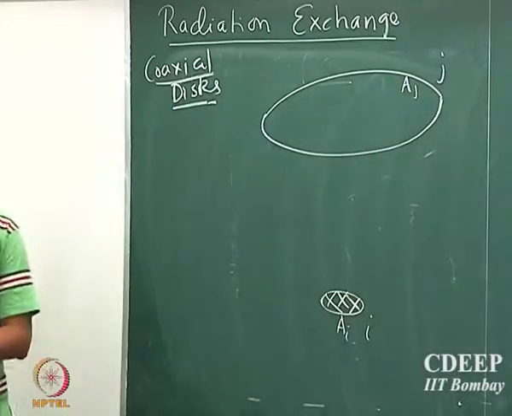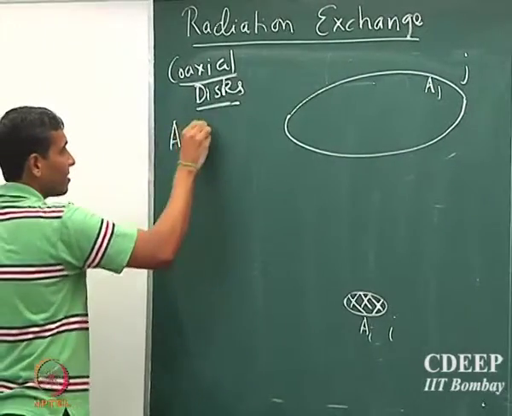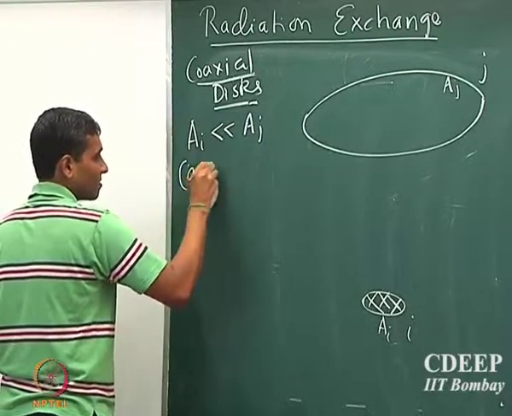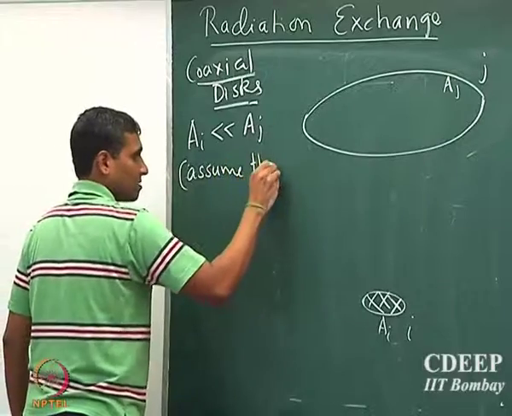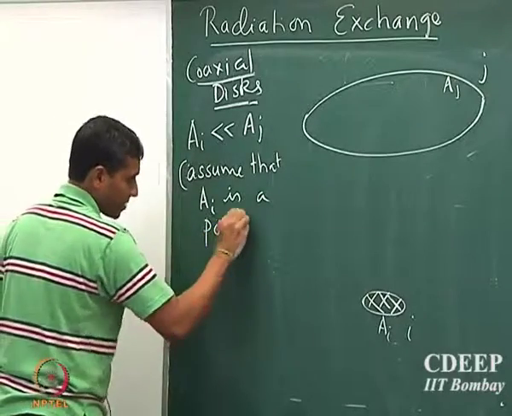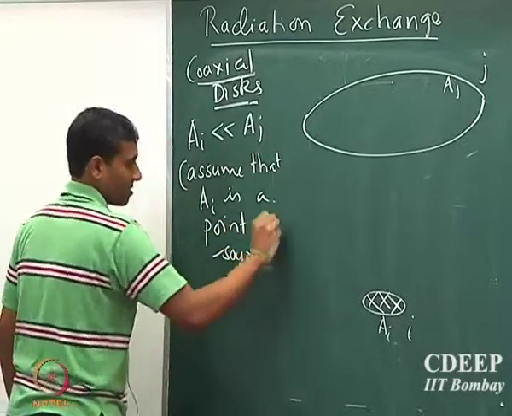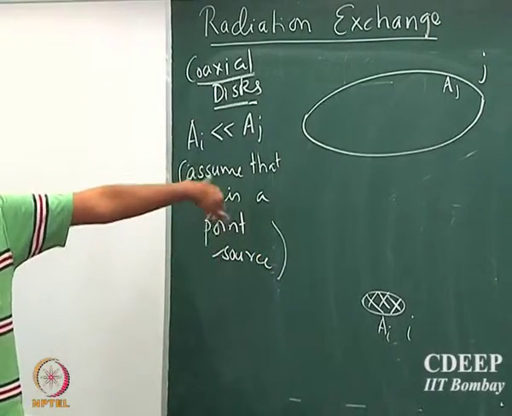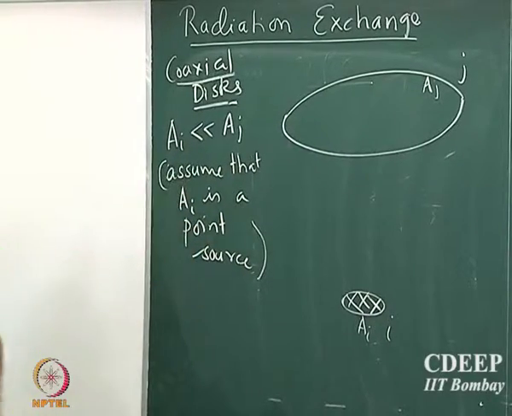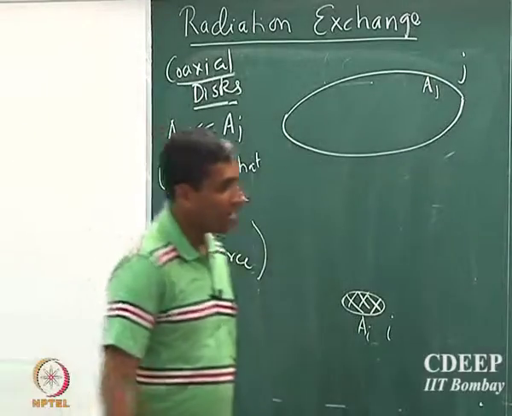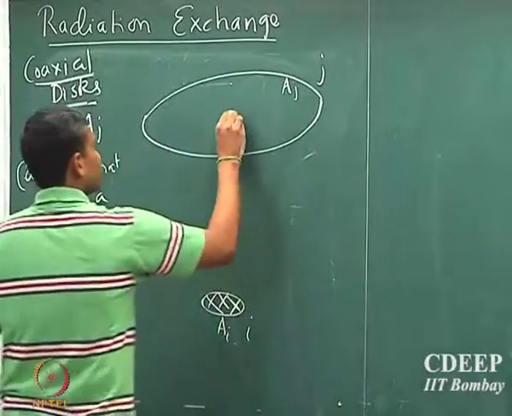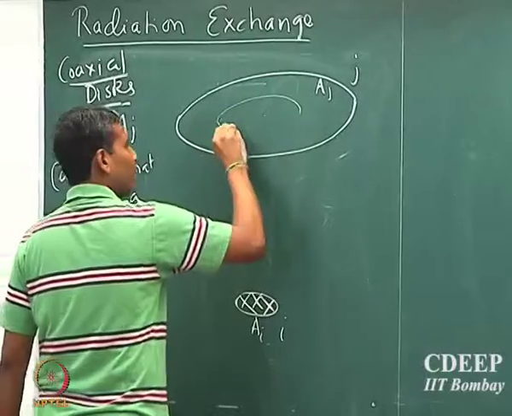As a first example, I will assume that Ai is much smaller than Aj. So we assume that Ai is a point source. We will relax this assumption in the next lecture, where I will show that there is another method to calculate when Ai is not a point source. So right now assume that Ai is a point source. So let us construct a geometry. Supposing I take a differential element.